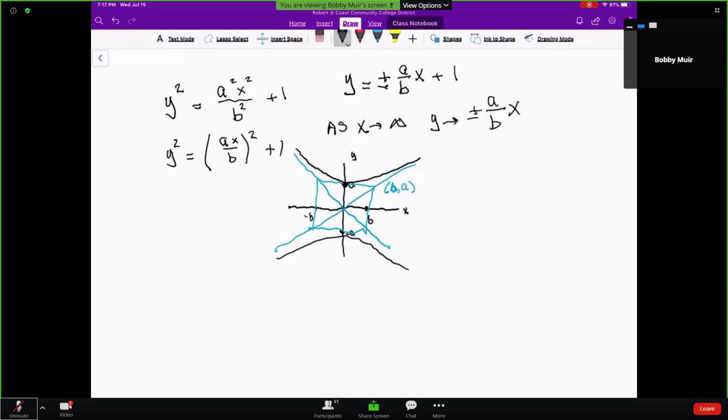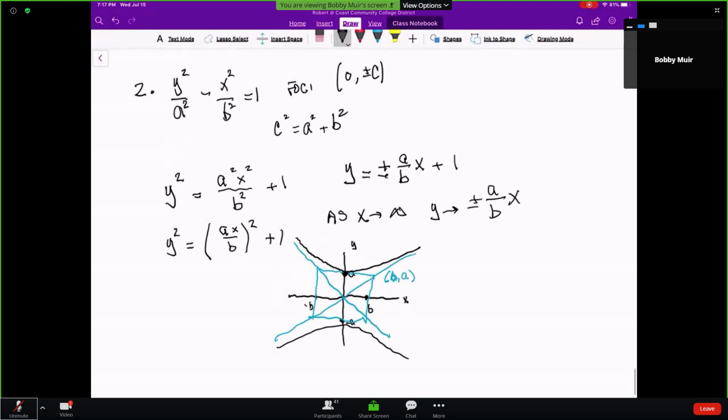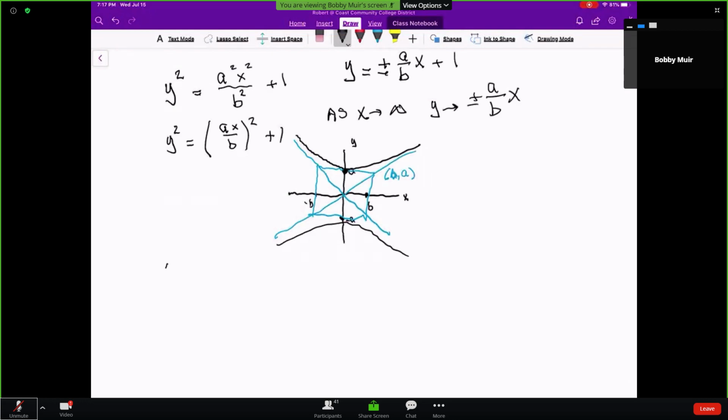So for the other one, what I just did was x squared over a squared minus y squared over b squared equals 1. Again, if we were going to draw this, it's going to be opening sideways.